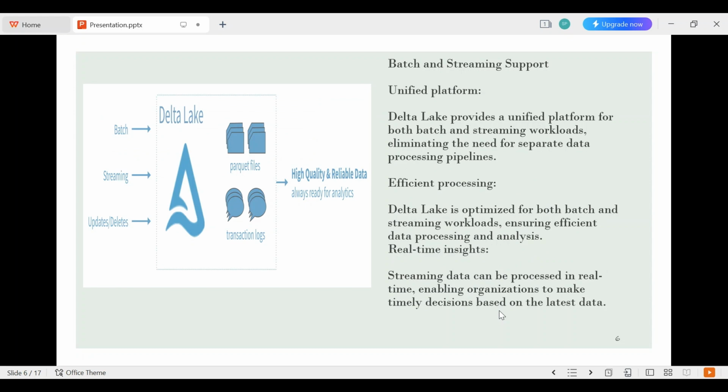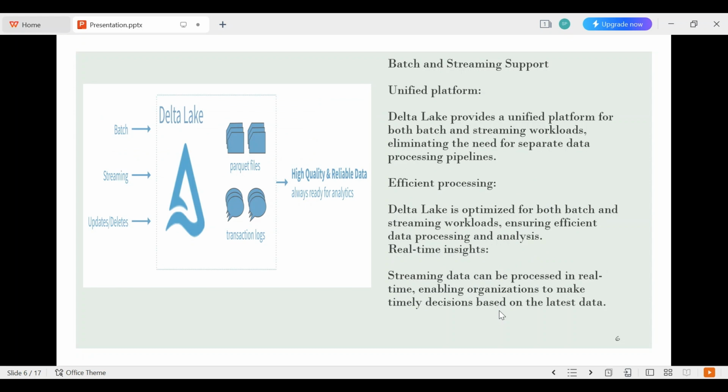Efficient processing: Delta Lake is optimized for both batch and stream workloads, ensuring efficient data processing and analysis, and real-time insight. Streaming data can be processed in real time, enabling the organization to make timely decisions based on the latest data. Based on the project or business need, we have to process batches, like yearly, hourly, or daily loads.